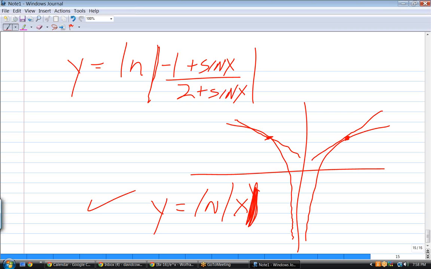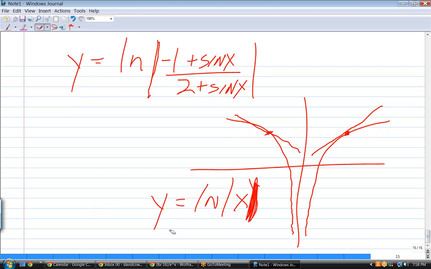Oh, okay. So we can just solve it without worrying about the absolute value? Well, let's make the problem slightly easier by doing the bottom one. What is y prime? Well, y prime is going to be 1 over x whenever x is greater than 0, and it's going to be negative 1 over x whenever x is less than 0, and it doesn't exist when x is equal to 0.